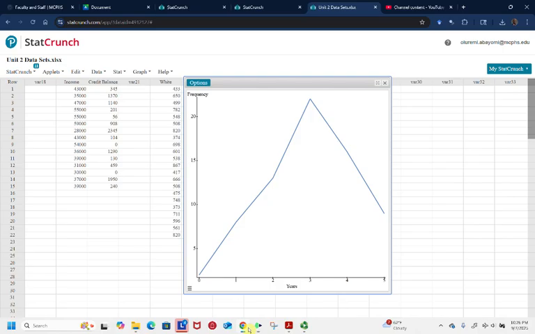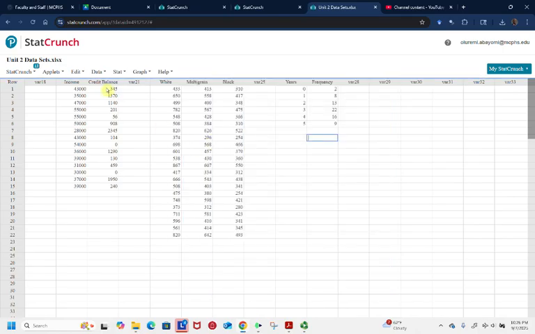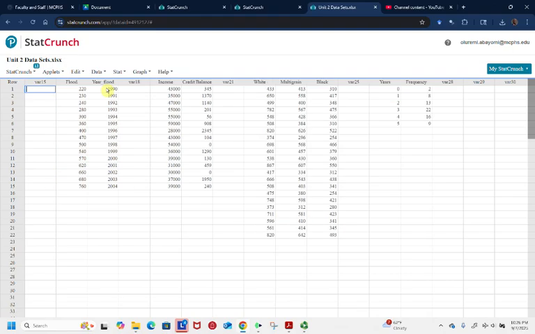So again, going back, I'm going to close out of this, and I'm going to go right over here. I have the data, the year of the flood, and the amount of the flood. Year would definitely fit on the horizontal axis, the x-axis, and flood on the y-axis.